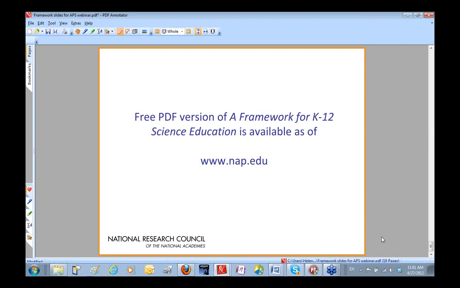The other part of reading in science is, of course, there's specialized vocabulary and language usage in science, and having students aware of and familiar with the way science uses language is important in order for them to be able to understand science texts.